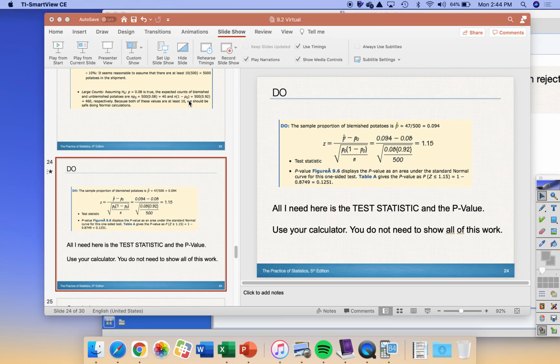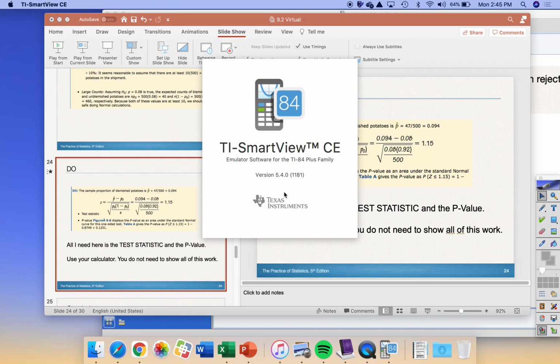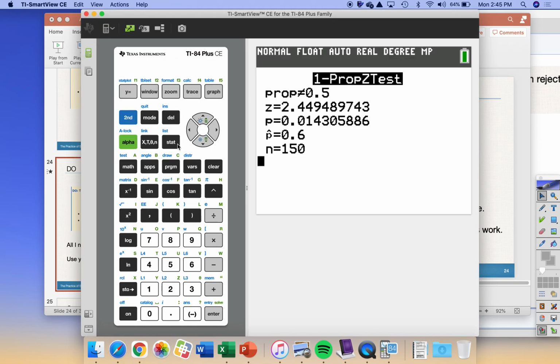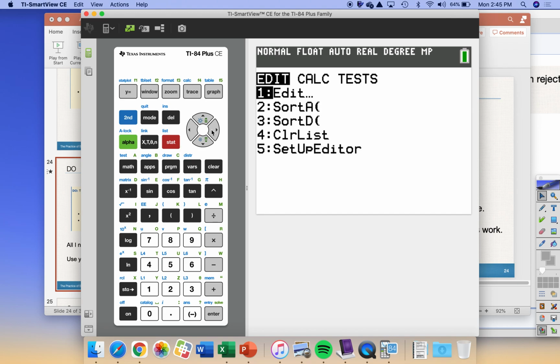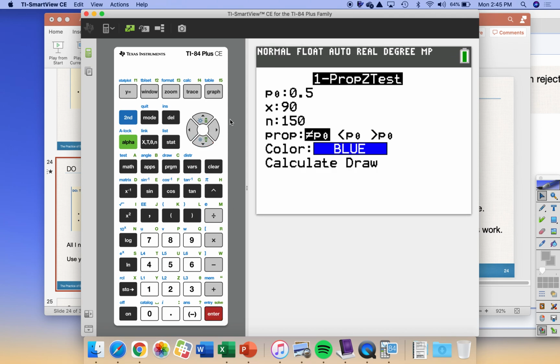So in our calculators, we are going to do a 1 prop z test, which is in stat. So if we go into stat and go over to test and go down to 1 prop z test, which is what we're doing, our p naught is 0.08.